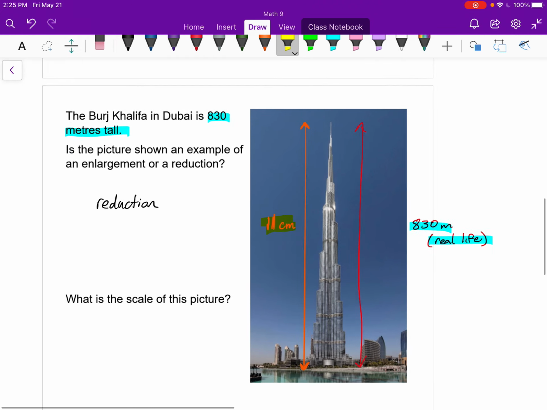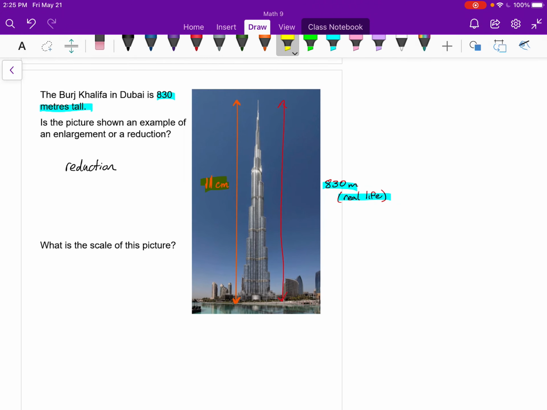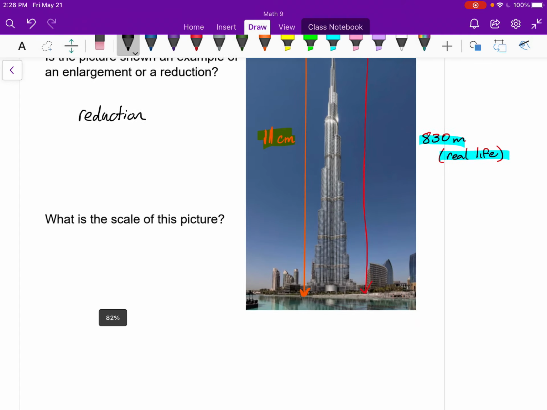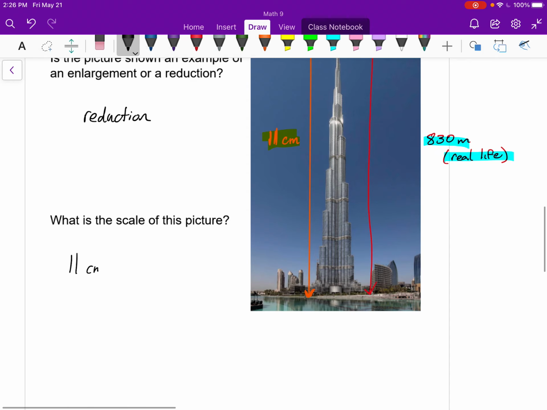And so one scale I could say, even though I want to clean it up a bit, again, the number that comes first in the ratio is always the diagram. The second number is always real life. So one thing I could say is that 11 centimeters is the same as 830 meters in real life. And that's one perfectly valid answer. 11 centimeters to 830 meters.